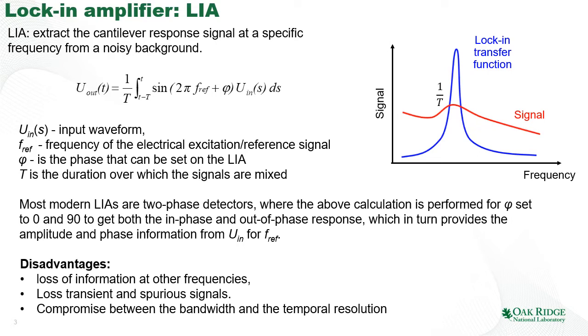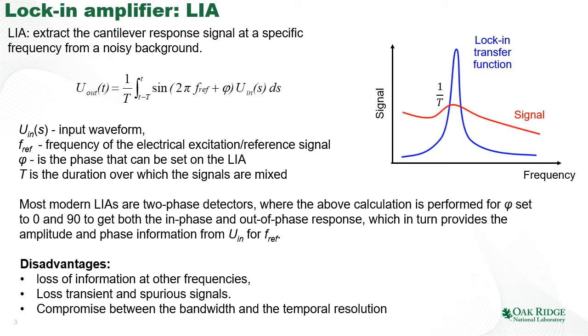The lock-in amplifier is an extremely powerful tool because it allows us to measure small periodic signals if we know the driving force that induced the signal. In some sense, you can say that the lock-in amplifier enabled the scanning probe microscopies in general and Kelvin probe microscopy in particular.